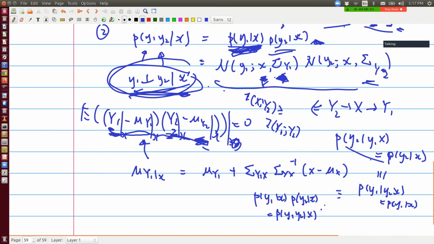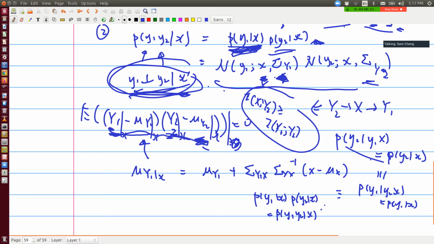Then from here, can we derive this one? I'm not quite sure. I have doubts about that. I saw a proof in one of the books.